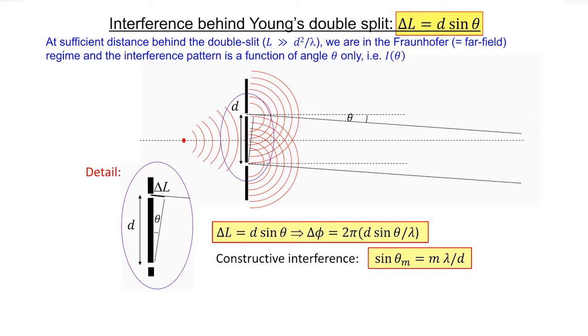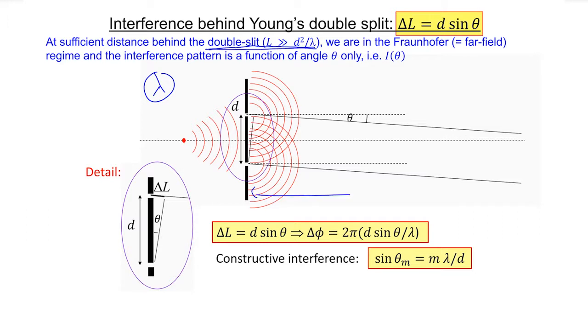This slide shows the idea of a more complete calculation of the interference pattern. So what we consider is light with a single wavelength, fixed geometry of course, and we consider the interference sufficiently far away from the slit.